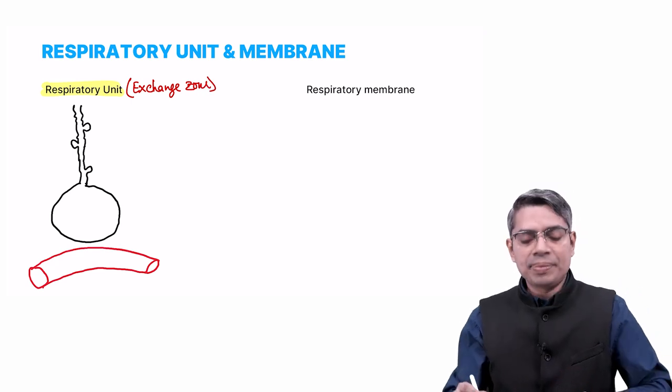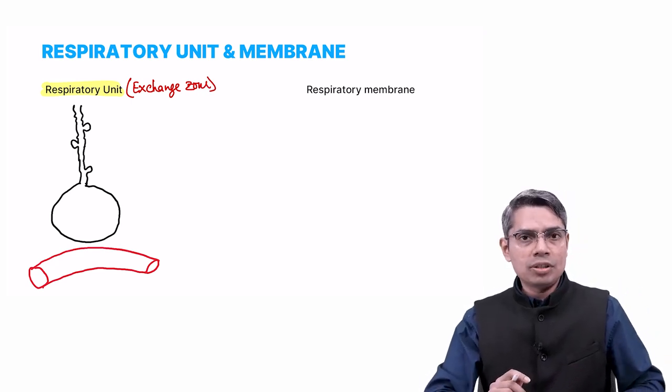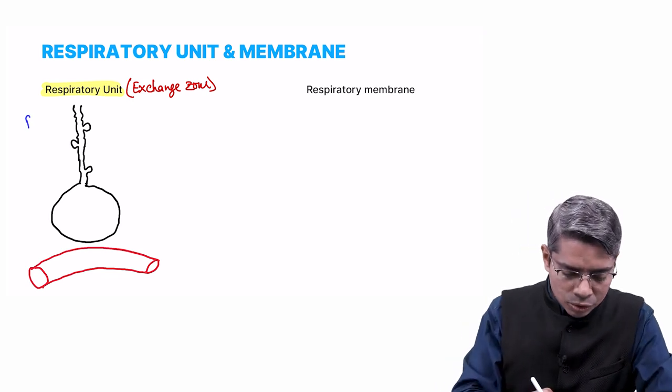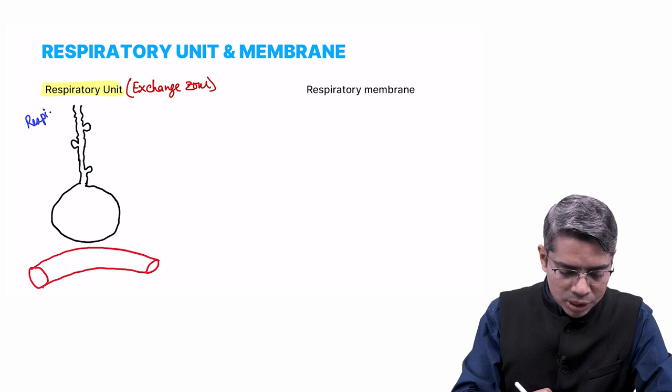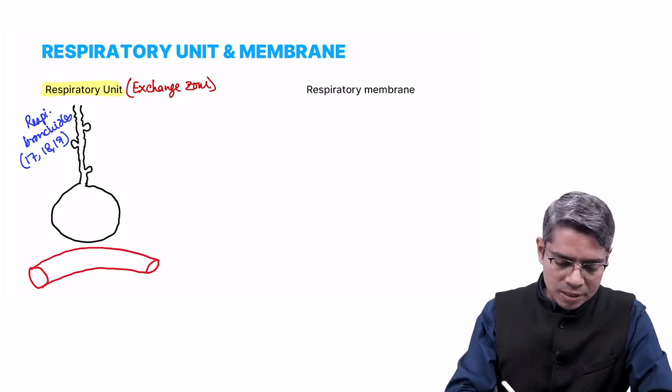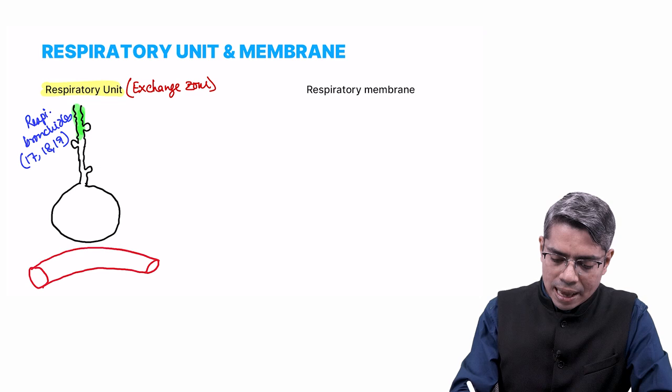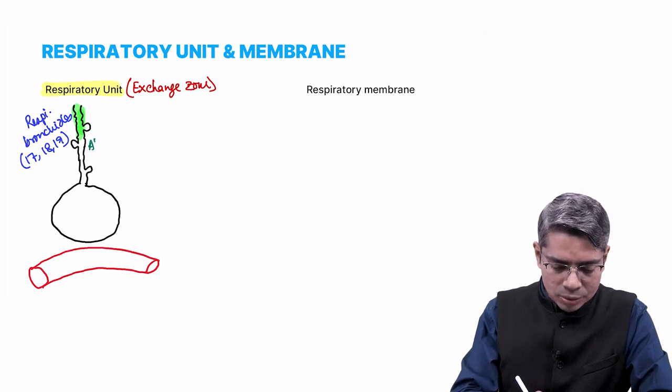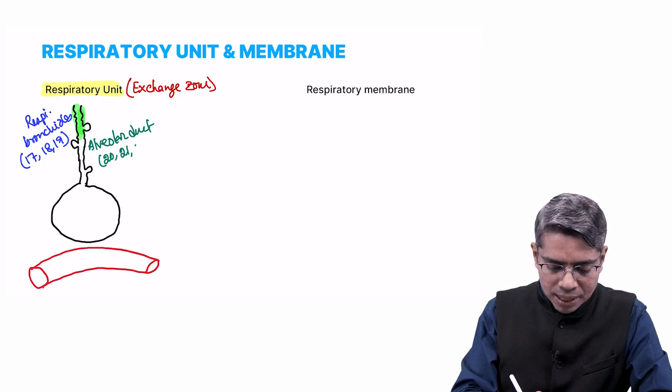Now we have already seen that the exchange zone of the lung consists of respiratory bronchioles, which are division number 17, 18, 19 according to Abel's classification. After the respiratory bronchioles, the next part is the alveolar duct, which is division number 20, 21 and 22.